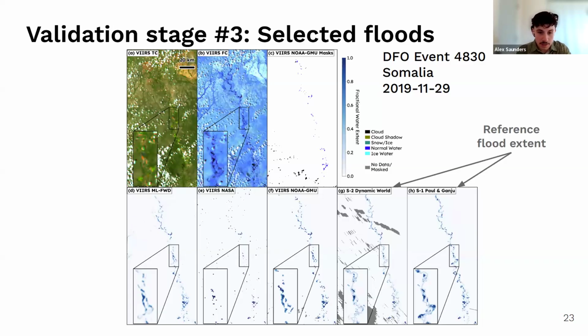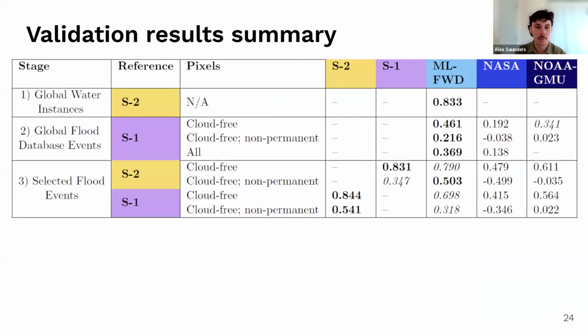So this event, as you can see, was mostly missed by the other VIIRS algorithms, although you can see it mapped quite nicely from Sentinel-2 and Sentinel-1. And our model, it isn't perfect, but it does at least pick up some of that flooded extent that is missed by those other algorithms. So that's positive encouragement for global flood detection. And just summarizing on those results for those three quantitative validation stages.